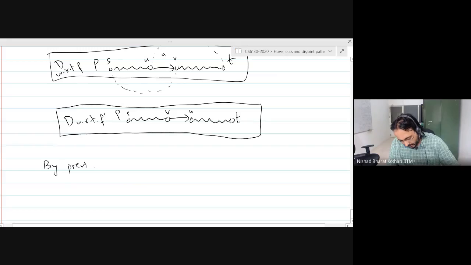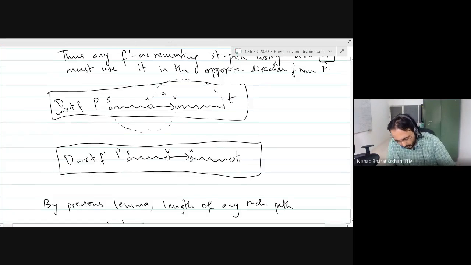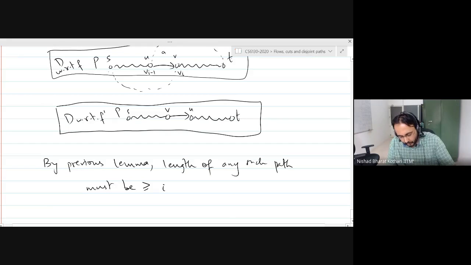By the previous lemma, the length of any such path must be at least i, because you think about this as V i minus 1, and you think about this as V i. So the length from S to V has to be at least i.